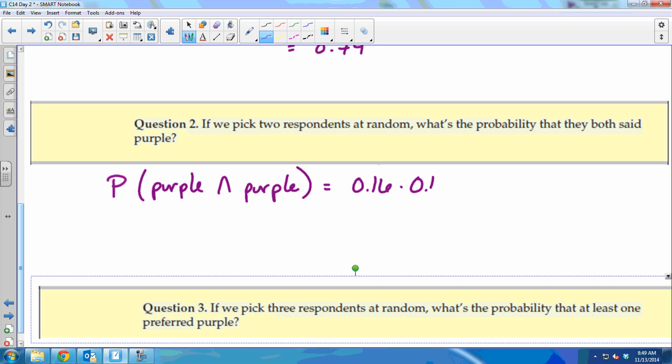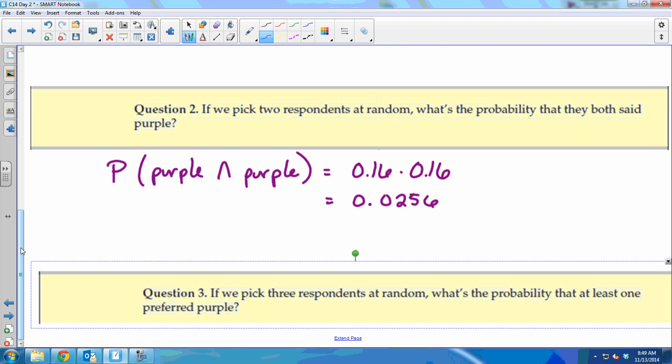So we're multiplying, and you get a probability of 0.0256. Questions about that one? Okay, the last one here.